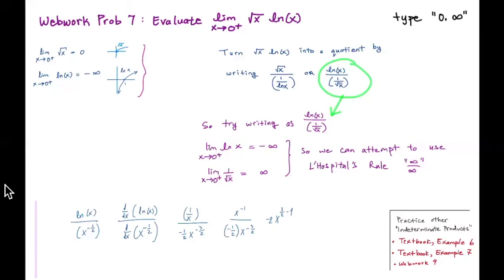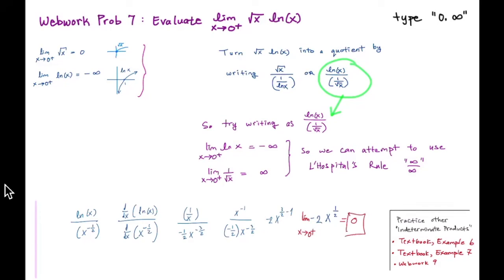So I have negative 2 times x to the 1/2, so that's the same as square root. And now I know how to compute this limit. So the limit as x approaches 0 from the right of the square root function is 0. So that multiplied by -2 is still 0.